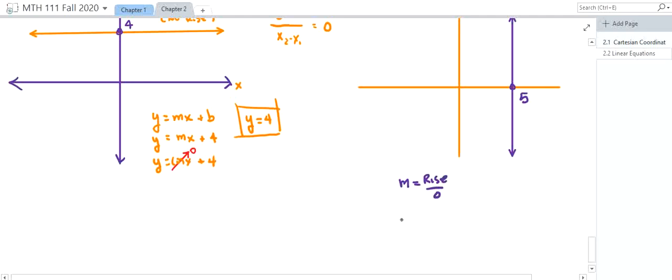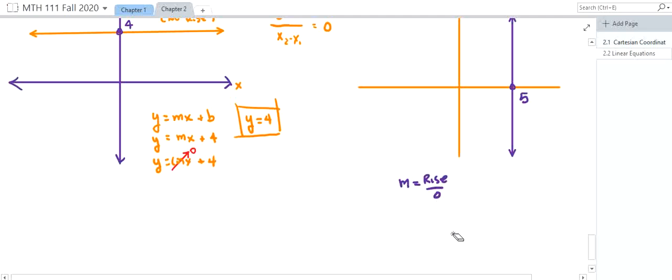So we do a little algebra here. 0 times our slope equals our rise. And say, well, does this have a value? It doesn't. It could be any value, because 0 times any number is 0. But it doesn't equal anything other than 0. And we know that the rise is not 0.